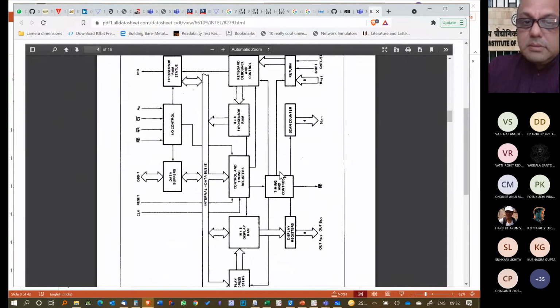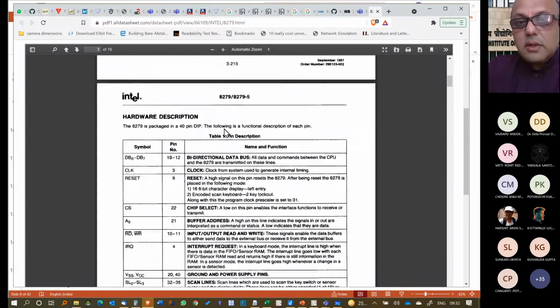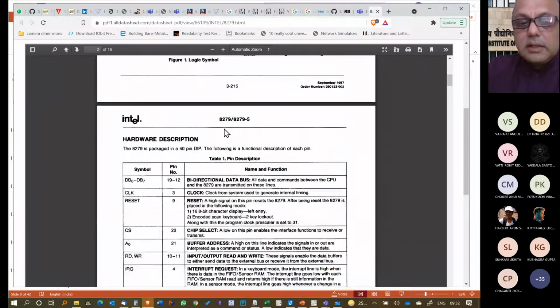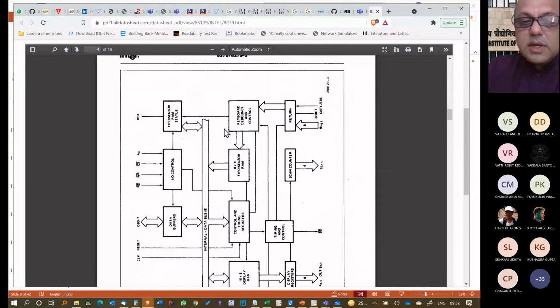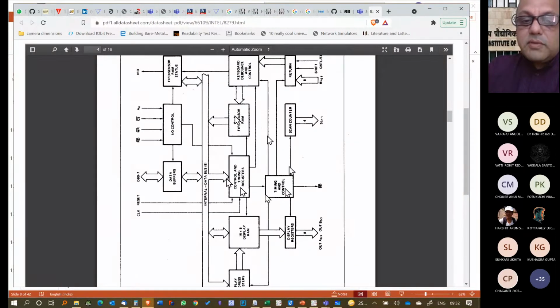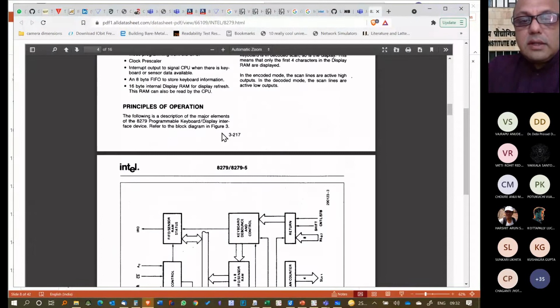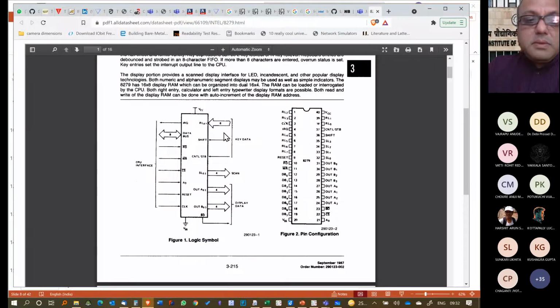And these are the block diagrams of what is inside that chip. And the same diagram which you saw here has to be looked at in the context of this diagram. So I suggest you take a printout of this page and look at it when you are looking at the data sheet of this page. Because 35 years back we had an advantage. We used to read these things in books.